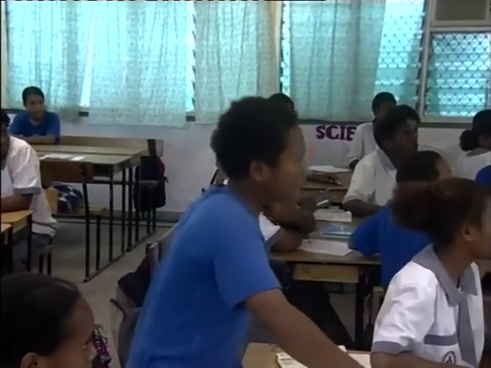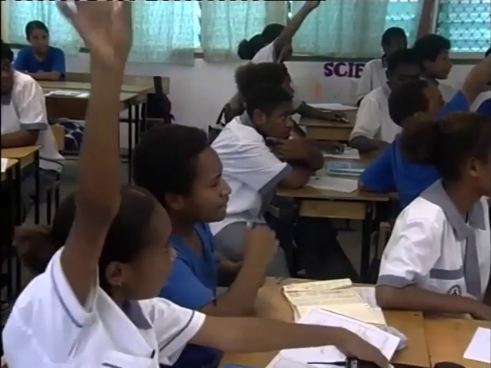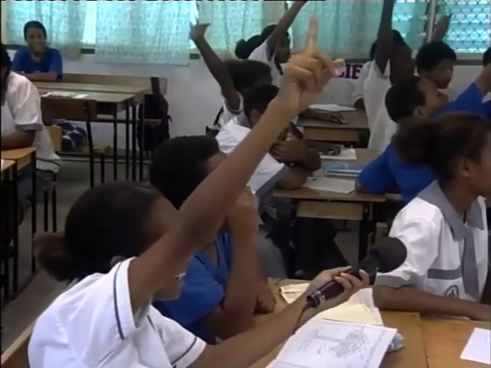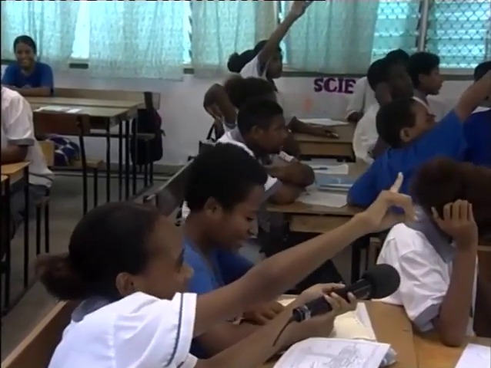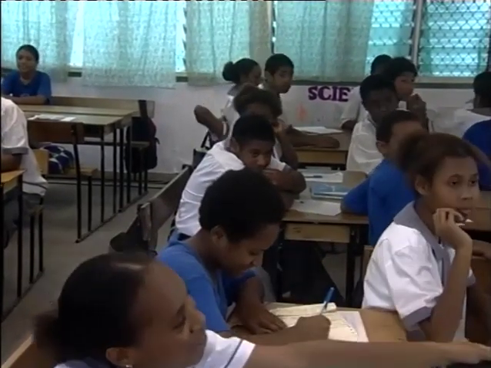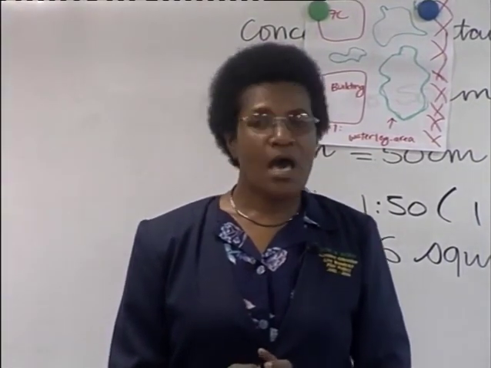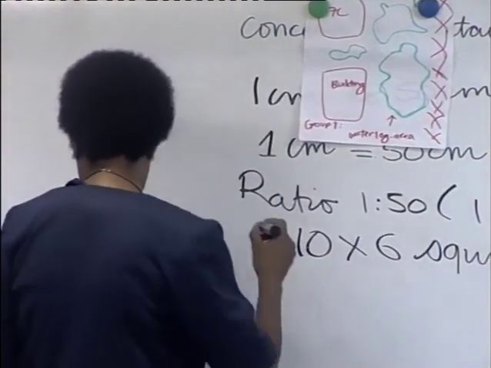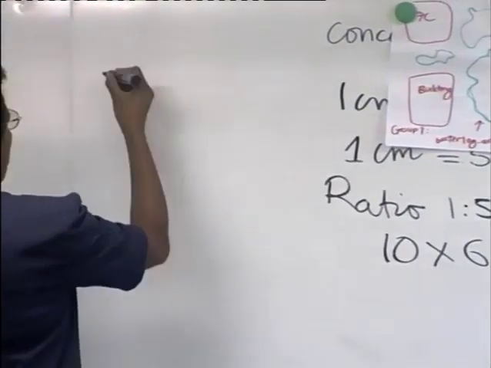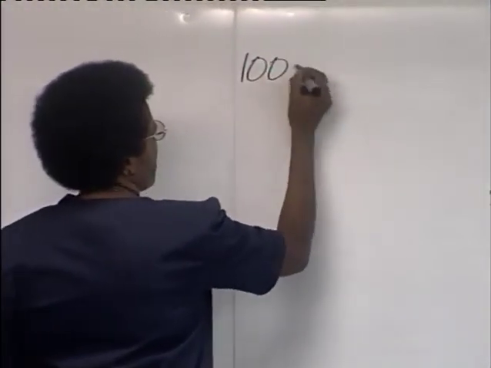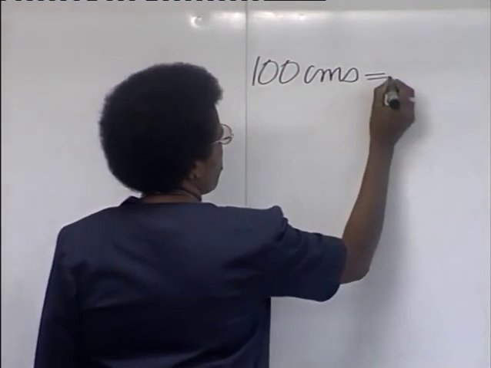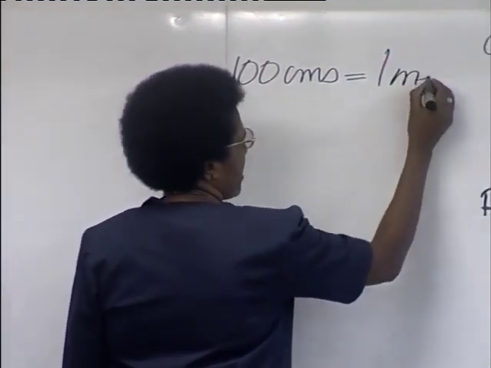We are going back to maths now. Yes, Harold? 100 centimeters. Now you should know that in your maths, 100 centimeters is equal to 1 meter.